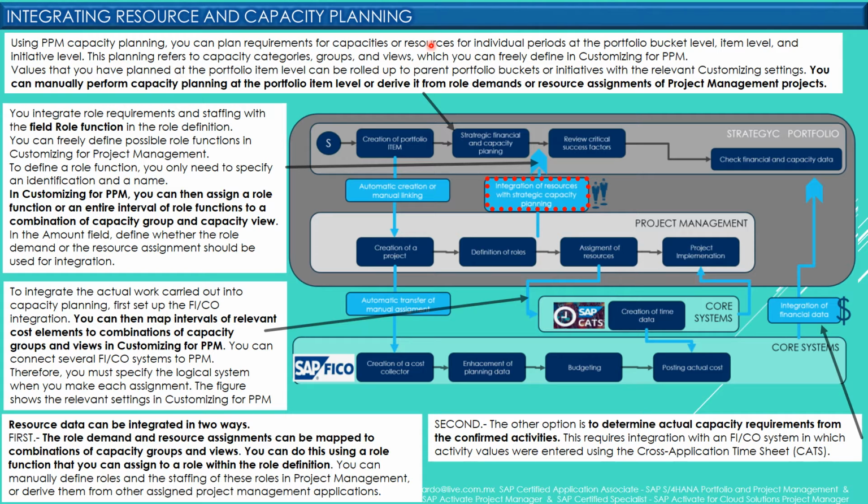Please remember that for capacity planning, we have three tiers. The upper one is the views, the second tier is categories, and the third tier is groups. And obviously, we can define them freely according to our business needs. You can manually perform capacity planning at portfolio item level or derive it from role demands or resource assignment of the project management project.